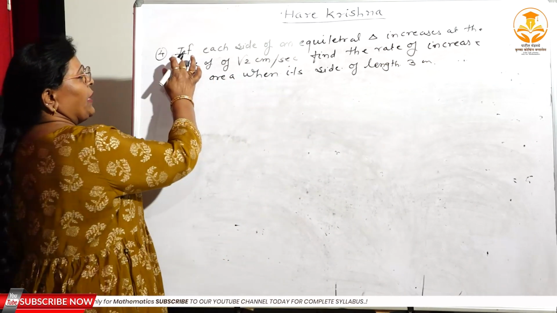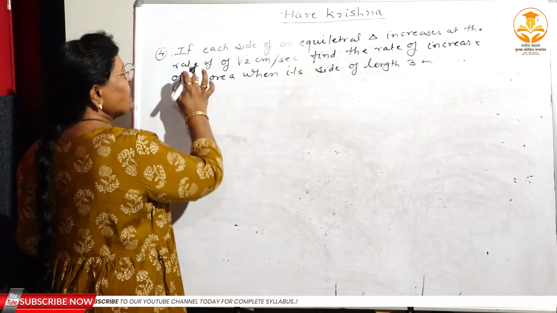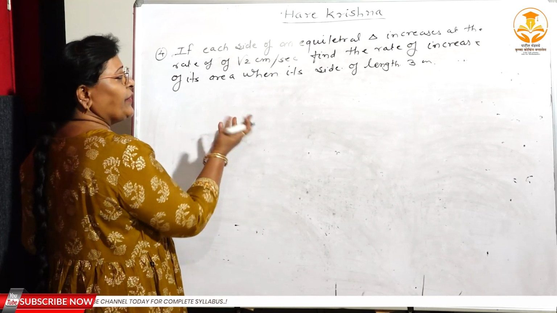You see, very simple. If each side of an equilateral triangle increases at the rate of root 2 centimeter per second, you have to find out the rate of its area.